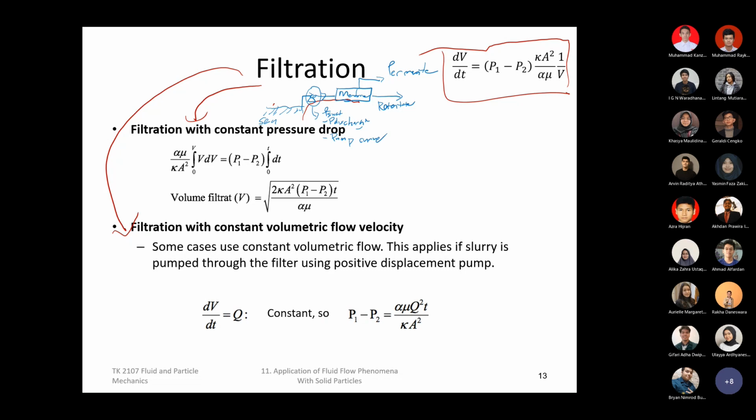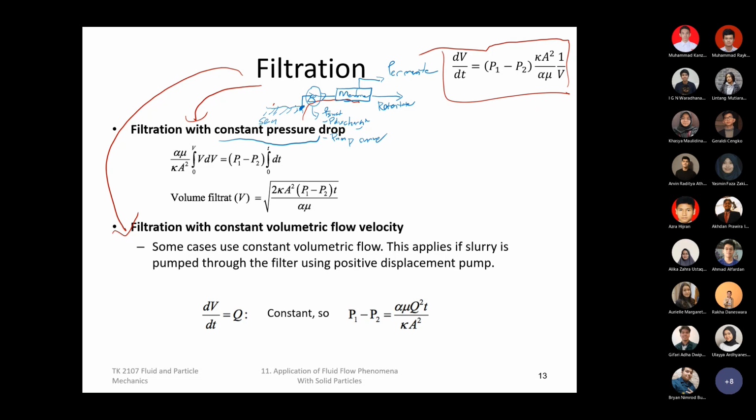If we strictly look at this picture, it's a good example of how a constant pressure drop can be applied, because a pump will have a very fixed amount of feed flow rate. That's the capacity of the pump, what can be received by the pump because of its dimensions.